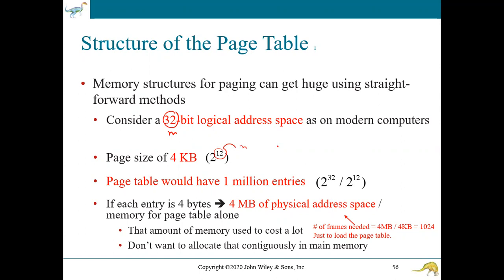That is the page number bits, equal to M minus N, which is 22 bits. You probably won't use all the 22 bits for your page number, because the issue is how many frames are needed for you? How many entries do you have? 1024 entries.